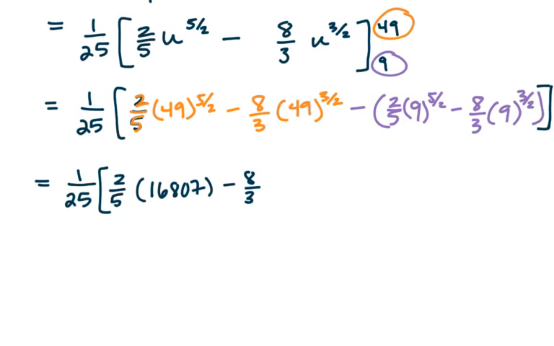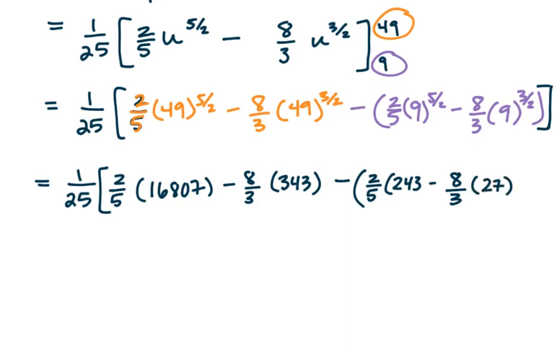Again, square root of 49 is 7. You cube it, you get 343. Minus, I have 2/5. Square root of 9 is 3. 3 to the 5th is 243. Minus 8/3. Square root of 9 is 3. 3 cubed is 27.